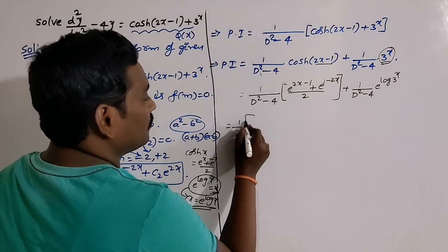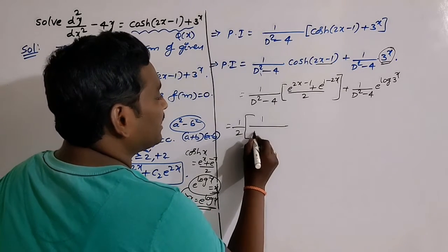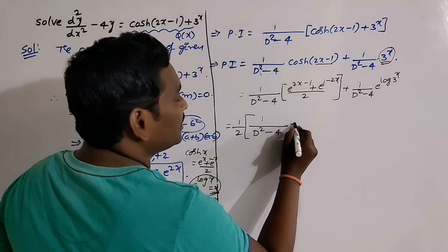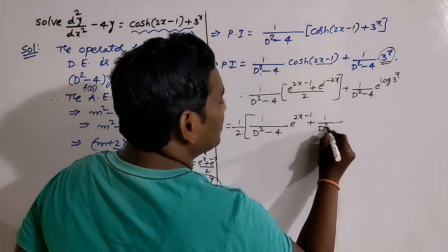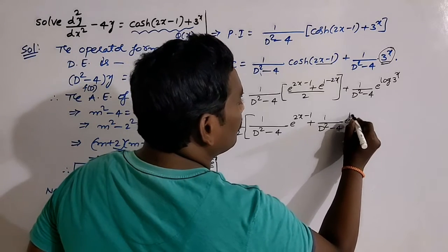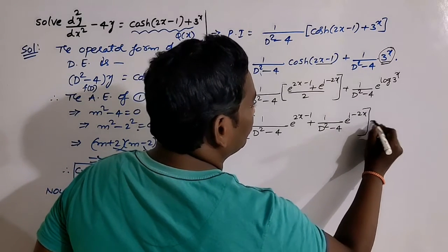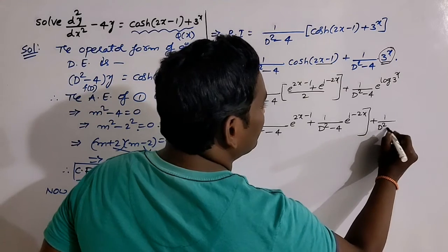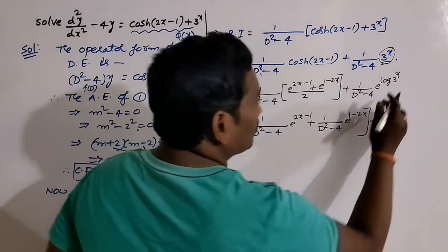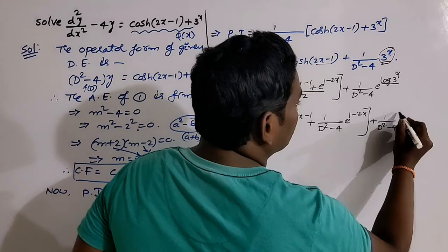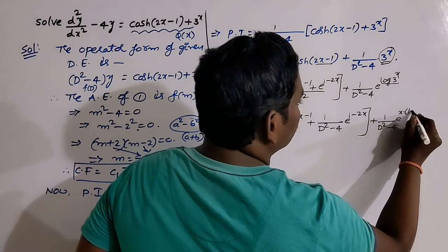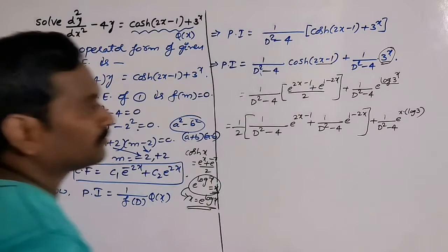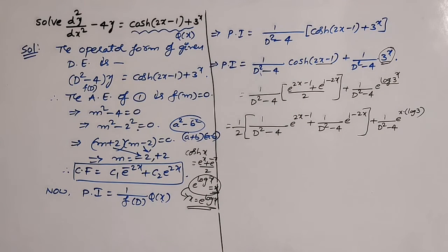Separate the parts: 1 by 2 whole into 1 by d square minus 4 into e power 2x minus 1, plus 1 by d square minus 4 into e power 1 minus 2x, plus 1 by d square minus 4 into, this term can be written as e power x into log 3. Log 3 is the constant term. x into log 3.